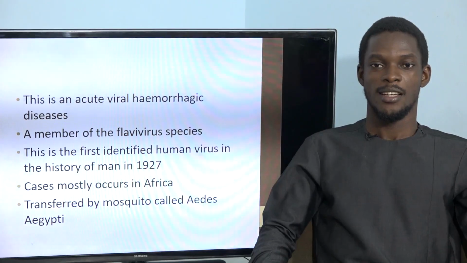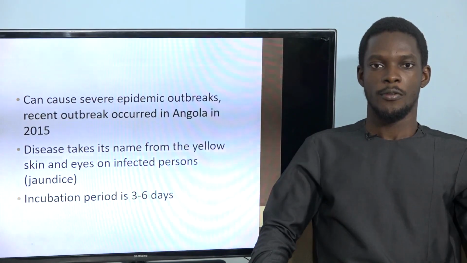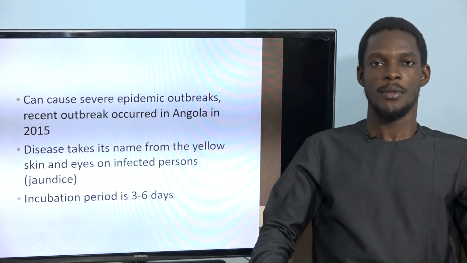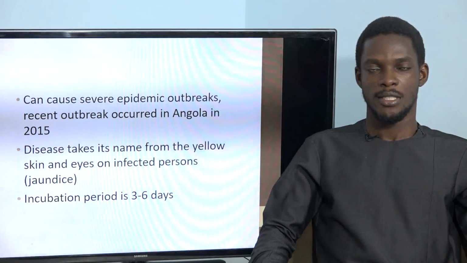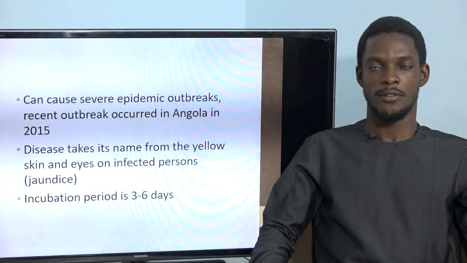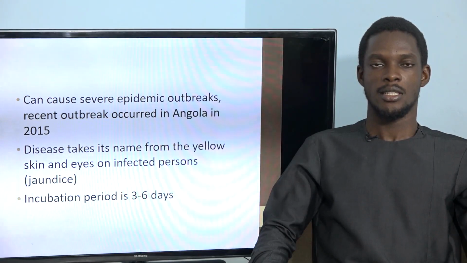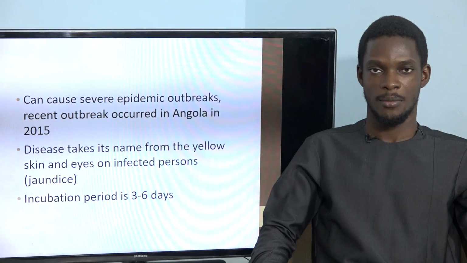This is history. It is transmitted by the Aedes aegypti mosquito. Yellow fever can cause epidemic outbreaks. One outbreak recently occurred in 2015 in Angola. The disease takes its name from the yellow skin and the yellow eyes that appear on infected persons, coupled with the fever that occurs.